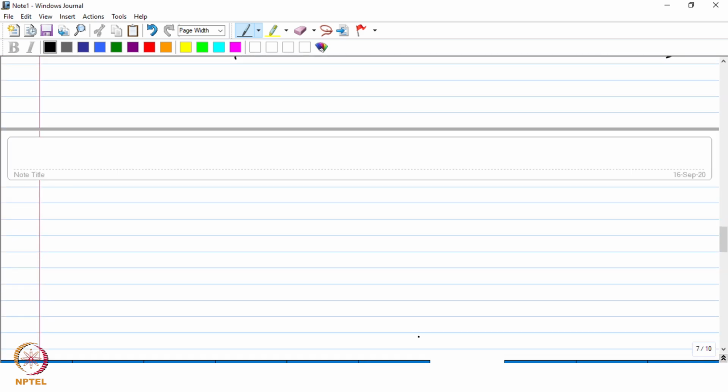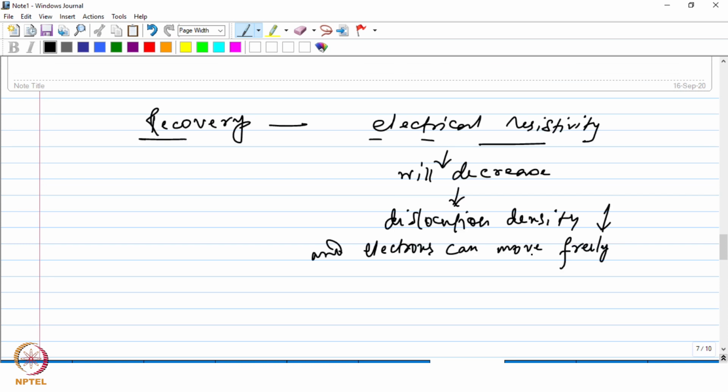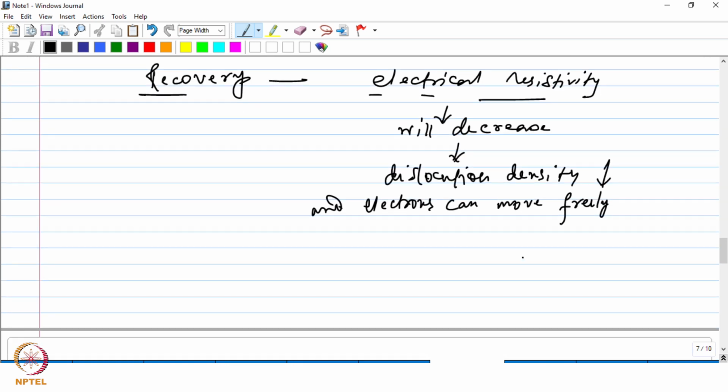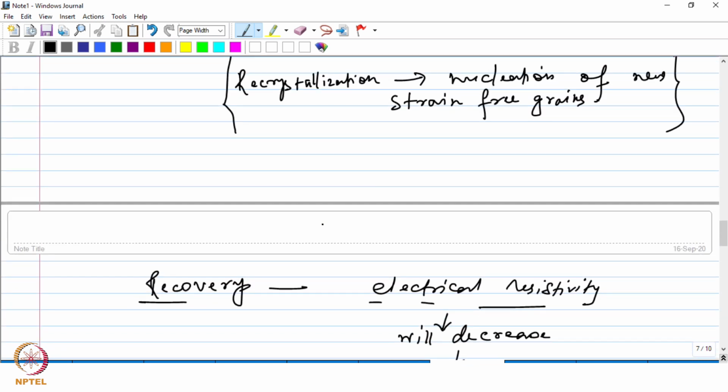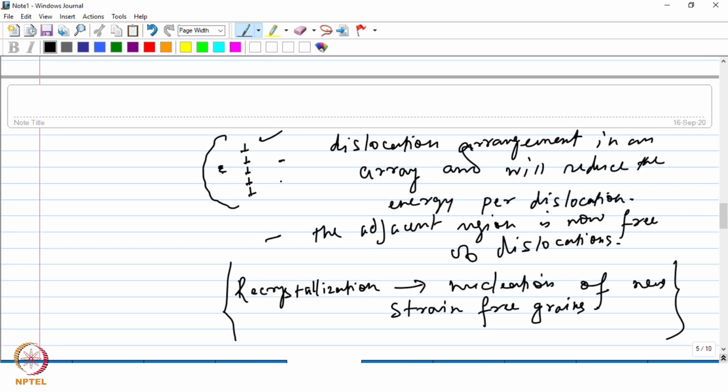Right, but before that, let me also tell you one more factor or parameter that you need to keep in mind while talking about recovery, which is the stacking fault energy. This has a huge bearing on the recovery process, because recovery is all about arrangement of dislocations into a low energy configuration, as we talked about. So for this to occur, the dislocations have to move and join this kind of arrays for them to be annihilated, right?